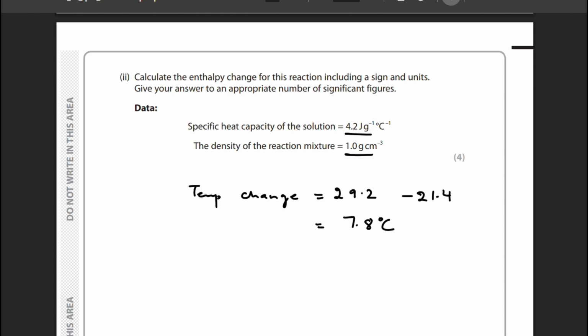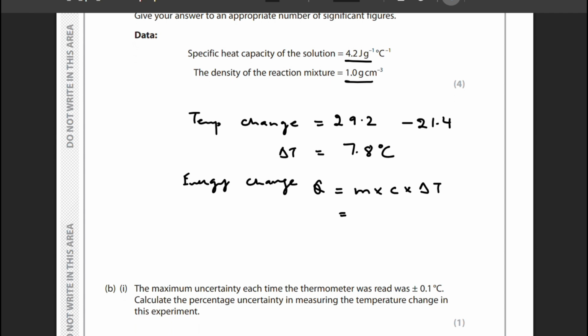Now you need to calculate the energy change. That is Q. The formula is Q is equal to m into c into delta T. Delta T is change in temperature, c is the specific heat capacity, and m is the mass. So we have all these values.